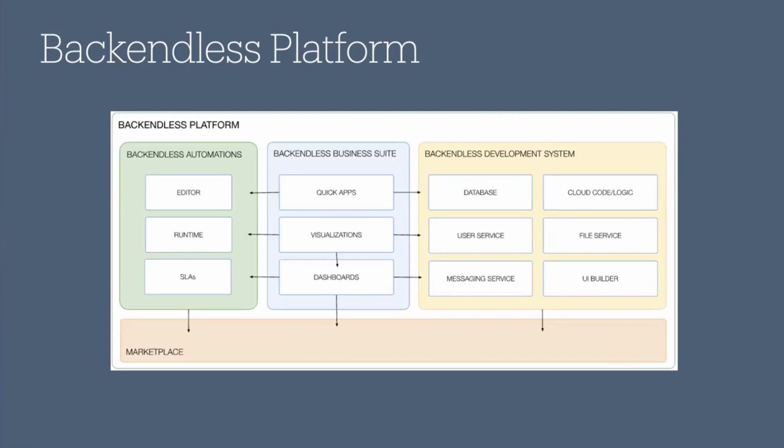You basically pay per business user per month. With automations, it's probably going to be along the same pricing model as with Zapier. And Backendless development system, it's scale fixed, scale variable. And then there are a lot of kinks to work out as to how the overlaps are going to be handled. So that's where we're spending a good amount of time today, just working through and thinking about these scenarios.